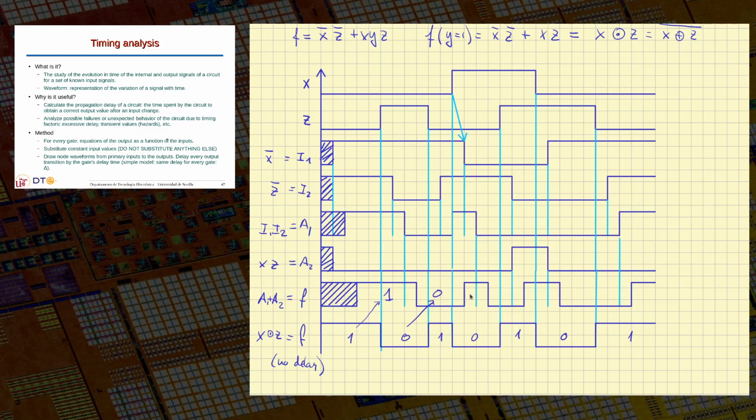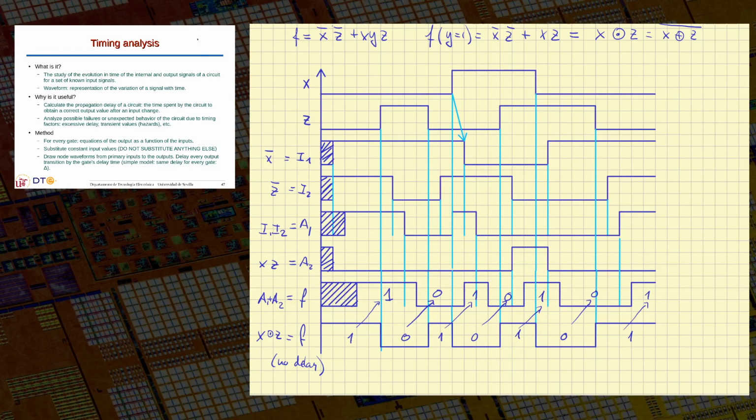The same happened. It then next changes to 1. It also changes to 1 in the real circuit, then to 0, then it changes to 1 again. This changes to 0, and finally the final value is 1, like in the more realistic circuit, okay? So we can see that the more realistic analysis gives the same result, but it takes account of the fact that the result is achieved with some delay.